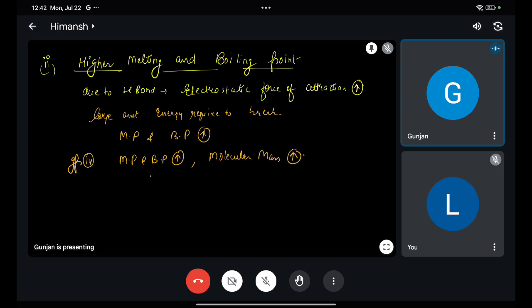As the size increases, the number of electrons increases. As a result, van der Waals forces also increase, and melting point and boiling point increase.